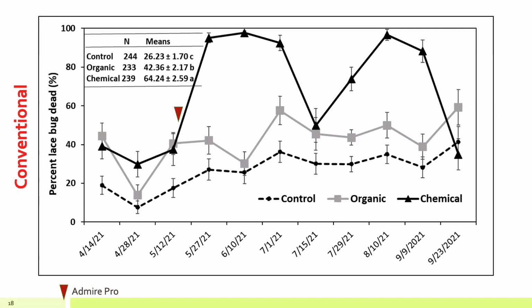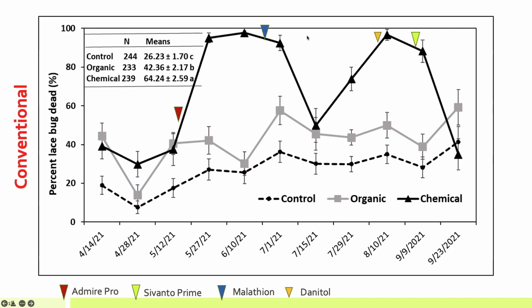If you can see here, with that Admire Pro application, pretty much immediately after application, you can see that increase in the amount of ALB dead on the leaf. You also see that after the Sivanto application here on that September date. And then malathion also, you can see that it maintained a level of control.